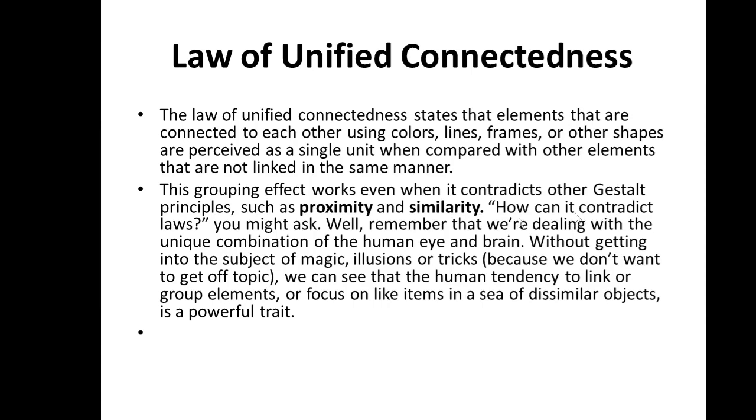How can it contradict laws, you might ask? Well, remember that we're dealing with the unique combination of the human eye and brain. Without getting into the subject of magic, illusions, or tricks, because we don't want to get off topic, we can see that the human tendency to link or group elements or focus them on like items in a sea of dissimilar objects is a powerful trait.